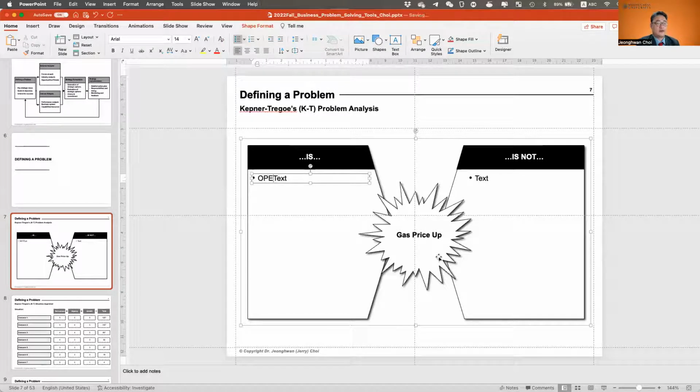OPEC reduce production? US reduce production? No, US increase production.